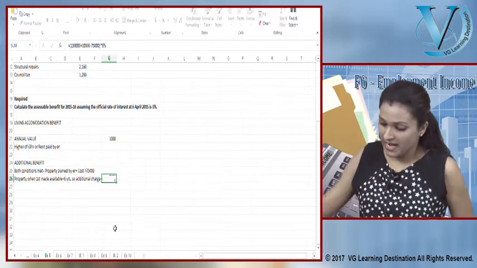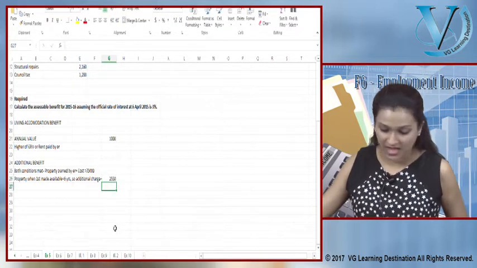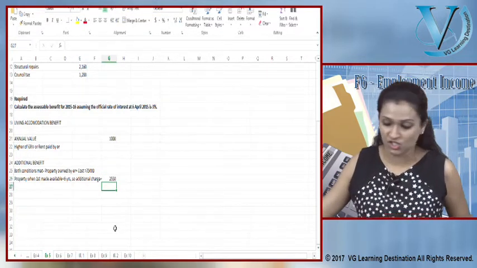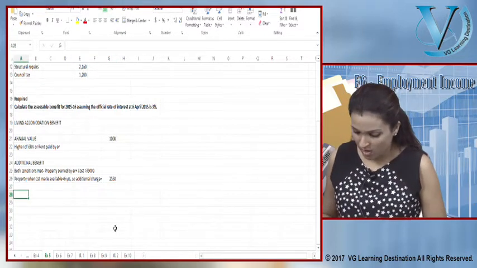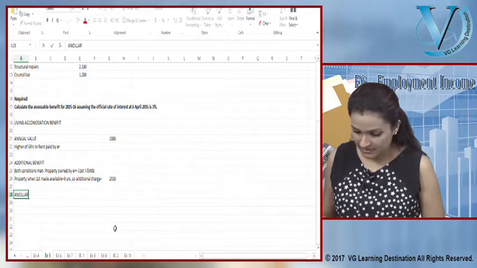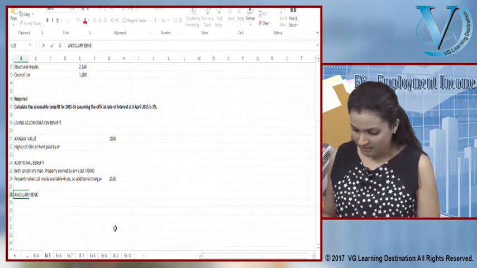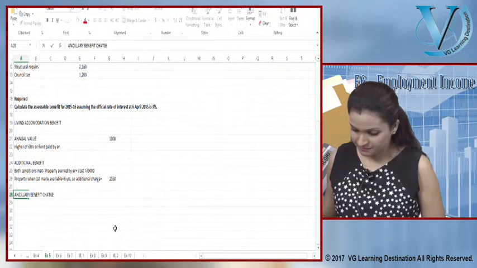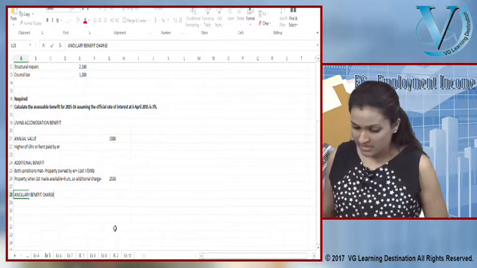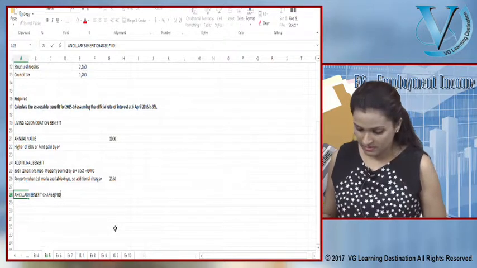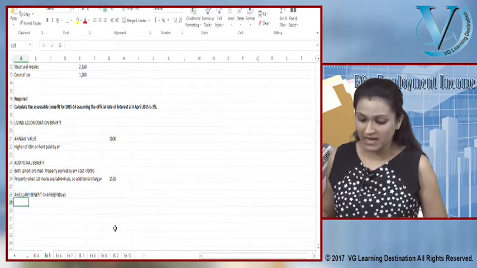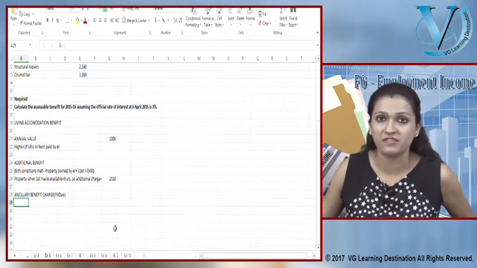So this is what it comes out to be: 2550 is your additional benefit charge. Now there is going to be an ancillary benefit charge. Just write down in brackets, because it's a P11D employee, you are liable to pay additional ancillary benefit charges.